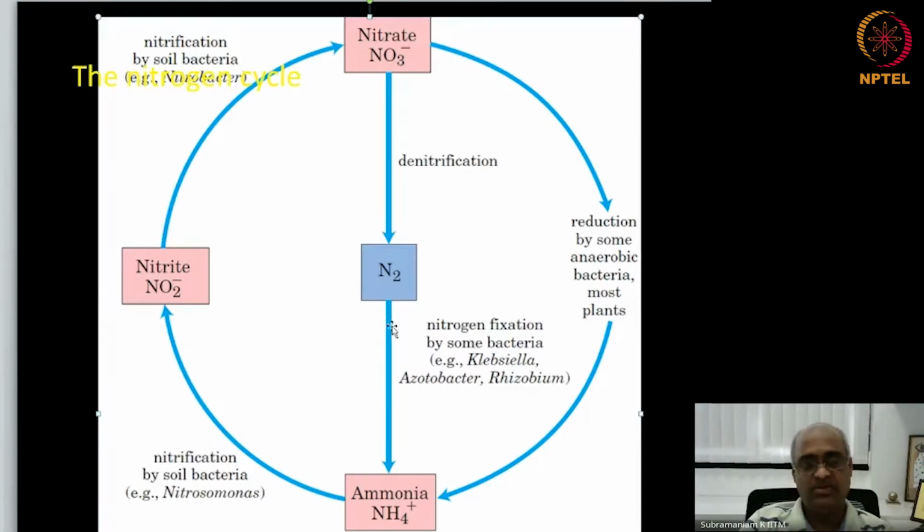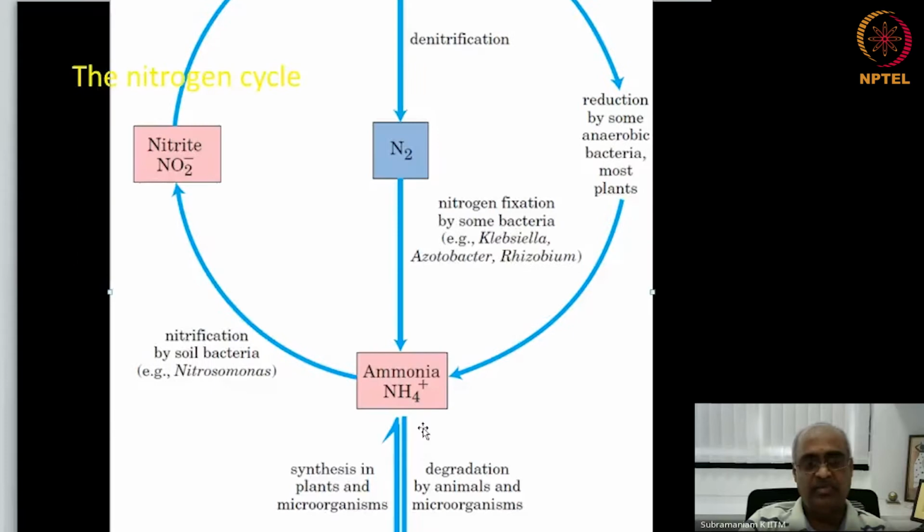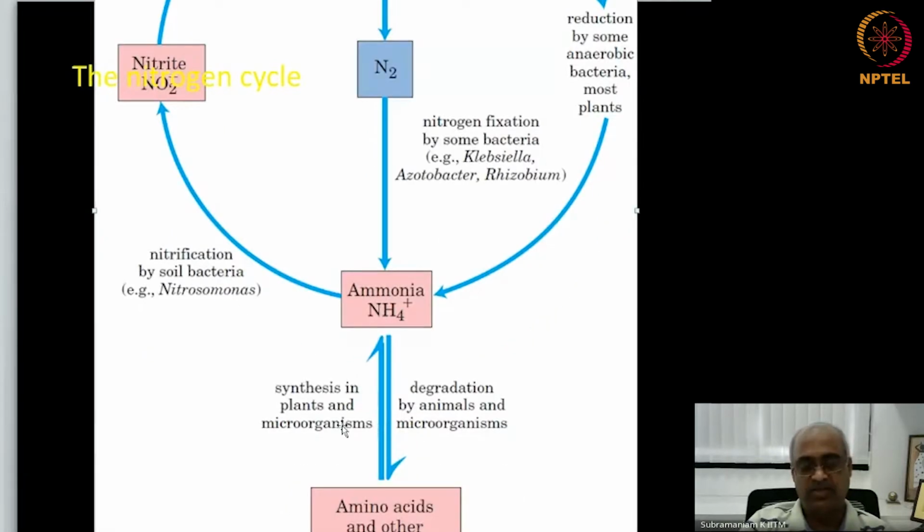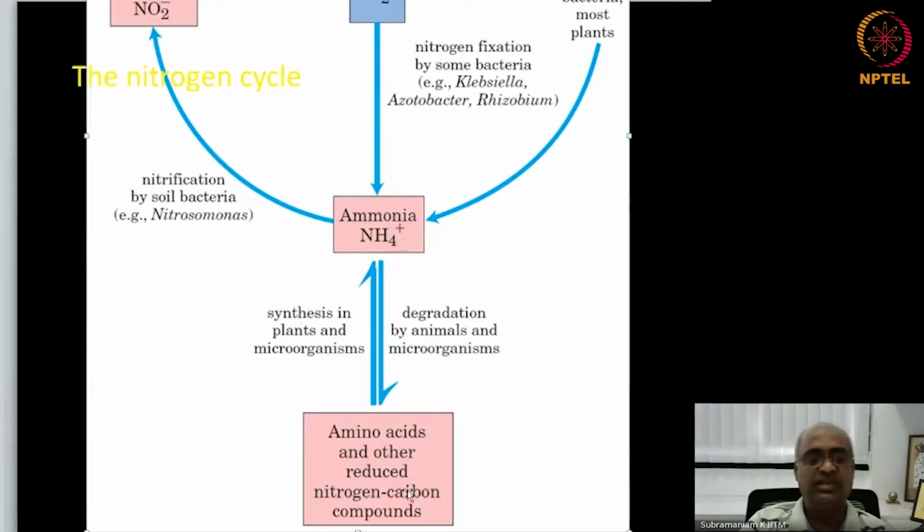So this is the cycling of nitrogen, and this ammonia incorporated into amino acids by plants and microorganisms is the one from which we get our amino acid nitrogen.